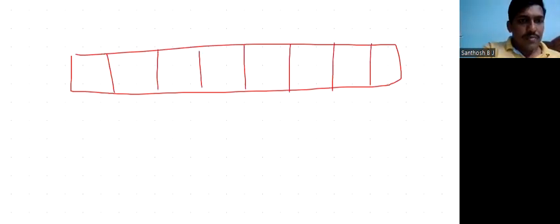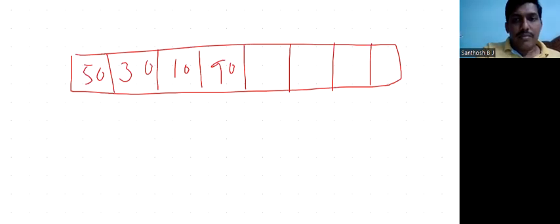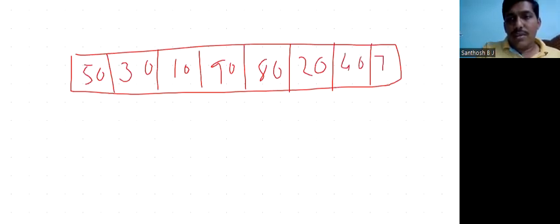Consider the numbers as 50, 30, 10, 90, 80, 20, 40, and 70. This is an example for the quicksort algorithm, to see how to solve the problem using the quicksort algorithm.